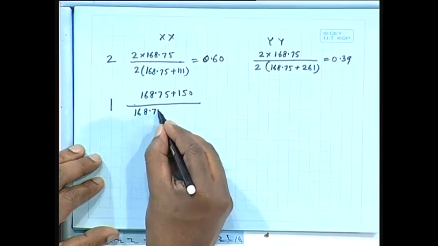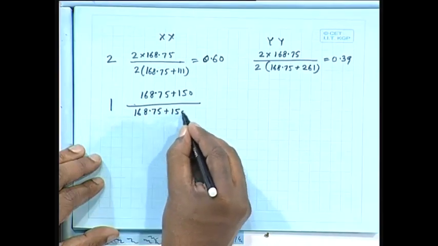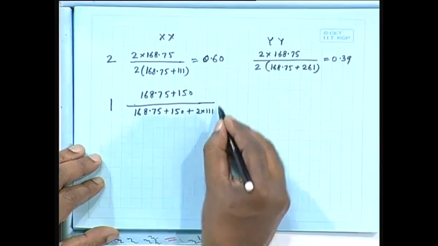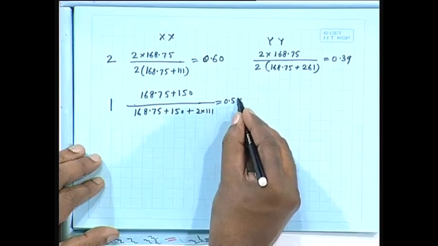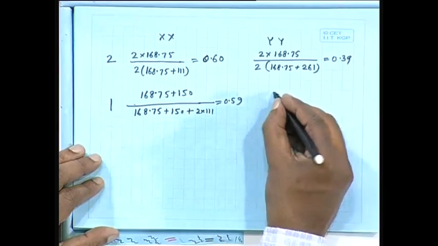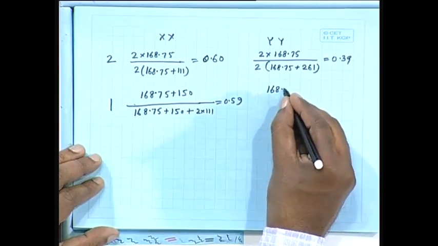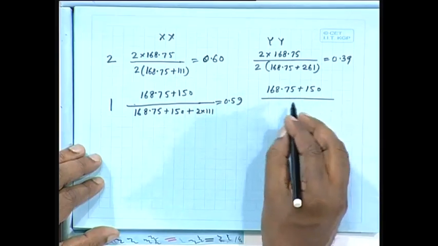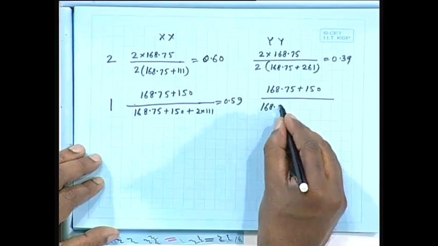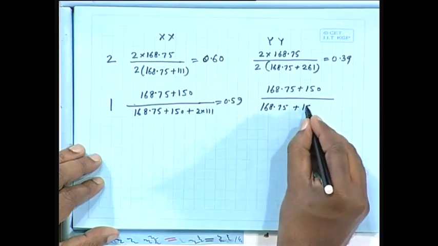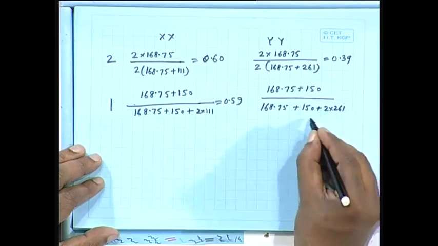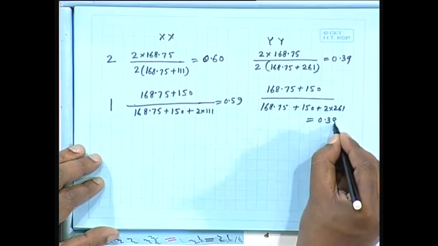So, 168.75 plus 150, top and bottom different, plus 2 into 111, which comes as a very small change, but anyway 0.59. The other one, 168.75 plus 150 along YY, plus 2 into 261, which comes as 0.38.